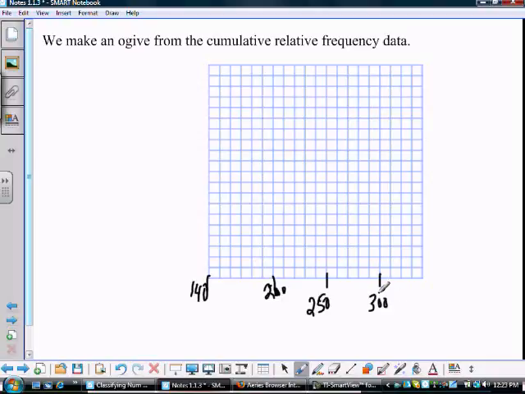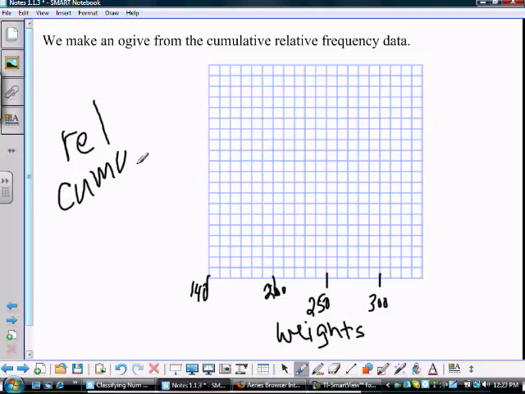And we actually have to go to the 310 because that last weight was in the 300 to 310 category. So these are going to be the weights we label and we scale. So my vertical axis are going to be the relative cumulative frequencies.